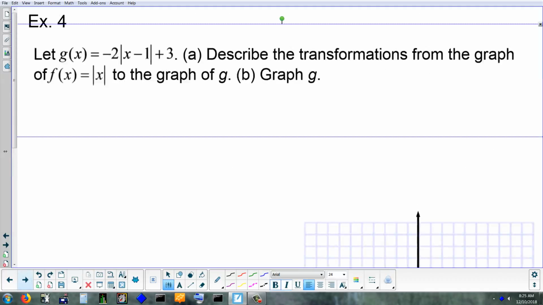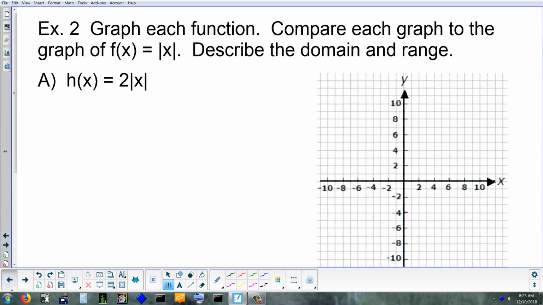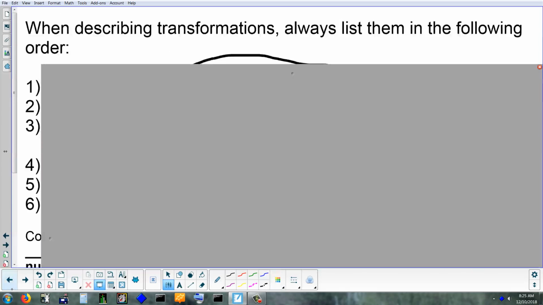We've got to put them in a certain order. Does anybody remember from last week, it's the same order that we've already done, what would be the first thing that you always list? Anyone remember the first one that comes up? Horizontal shift. Yep, horizontal shift.